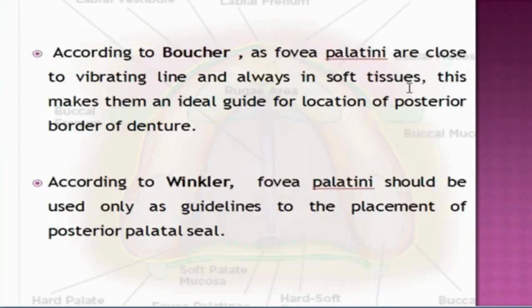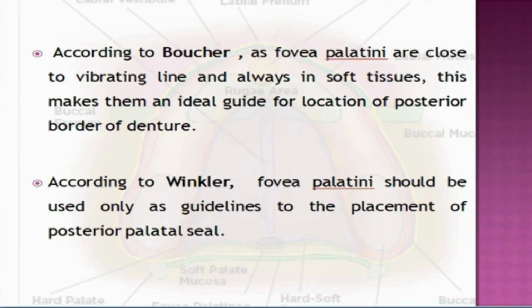According to Boucher, the fovea palatinae are close to the vibrating line and always in soft tissues. This makes them an ideal guide for the location of the posterior border of the denture. According to Winkler, fovea palatinae should be used only as guidelines to the placement of the posterior palatal seal.